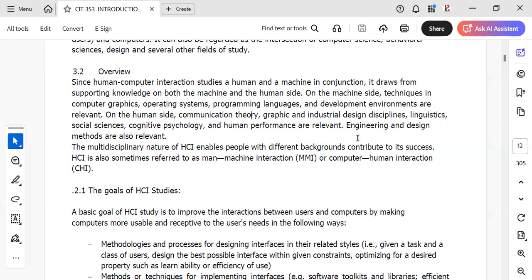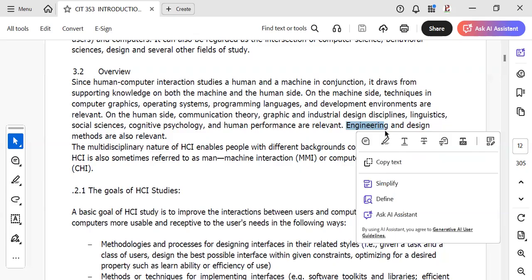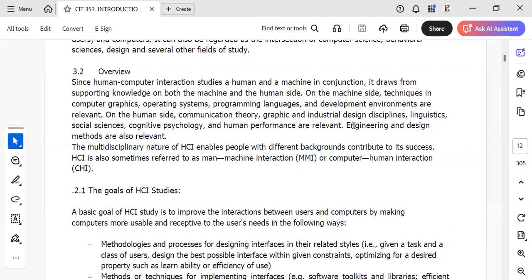And then on the engineering part and design, we have engineers. So we have several disciplines that must help us in order to understand humans and computers and their interactions together. So it's not only computer science alone that will do all of the work. Several disciplines need to come in. You need to understand that too.